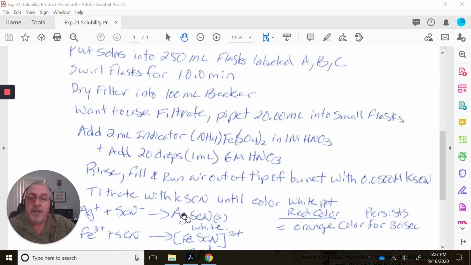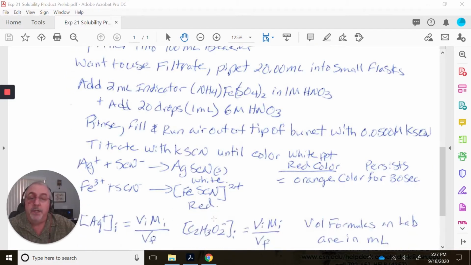Now, what's going to happen when we're titrating our filtrate solution with the potassium thiocyanate is that the silver is going to bind to the thiocyanate ion, and it's going to form a white precipitate.